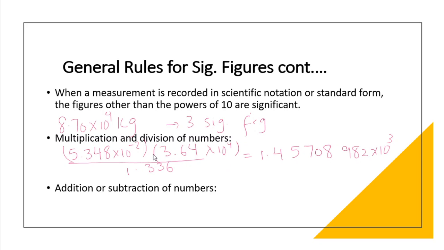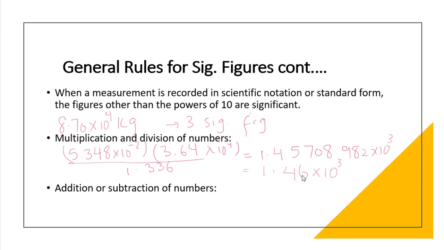But here I can see that 3.64 has the least number of significant figures. So I need to round this answer to the least significant figures. So the answer will be 1.46. I need to follow the rules of rounding off here. So the answer will be 1.46 times 10 raised to the power 3.